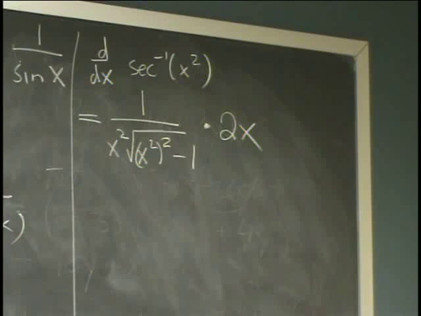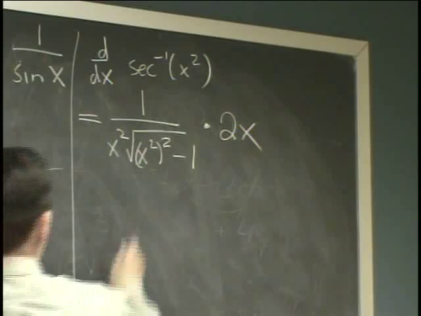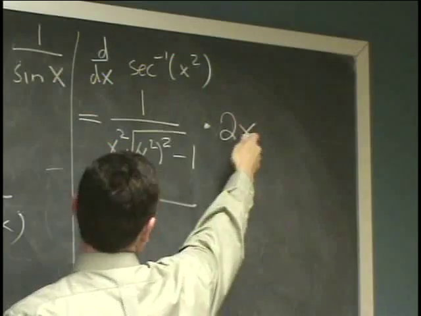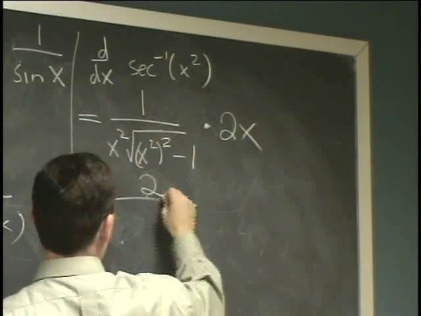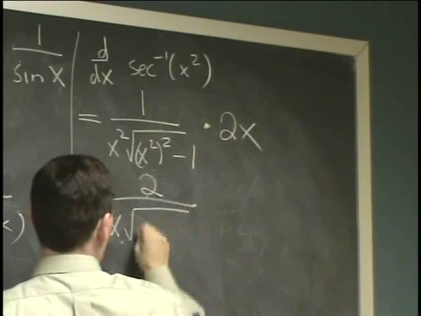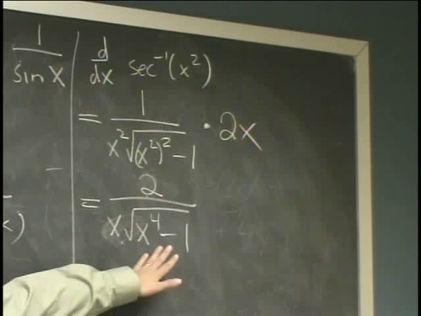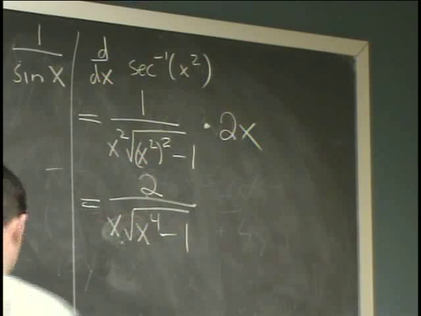So you have to do it for both x's, for every x that you see. Exactly. And of course you can simplify this slightly. One of these x's is going to cancel, and the 2 can come on top. So 2 over x root x to the 4th minus 1. Very good question. All right, why don't we do another example?